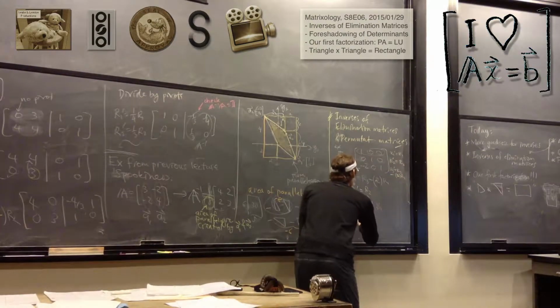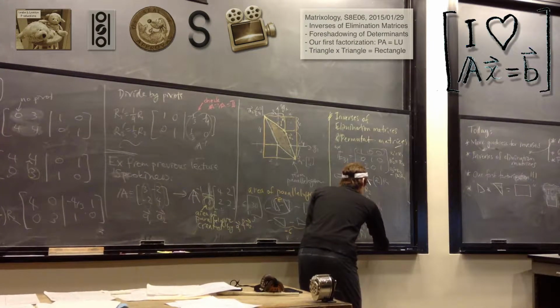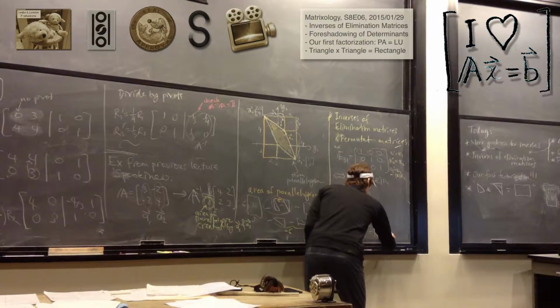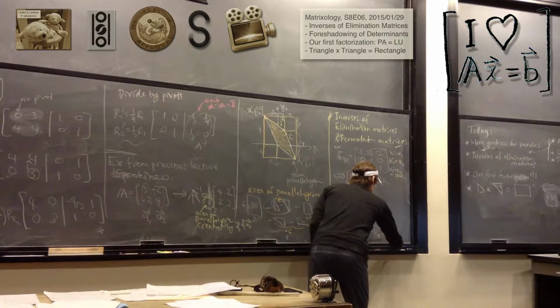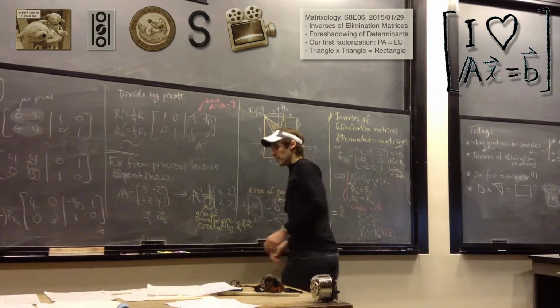So let me write them in the right order. We'll just say row 1 prime is row 1, row 2 prime is row 2, and row 3 prime is row 3, and it's going to be plus 2 times row 1. So this is, let me get back over to another board.